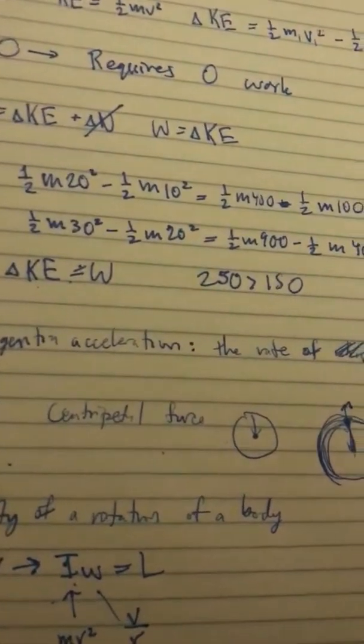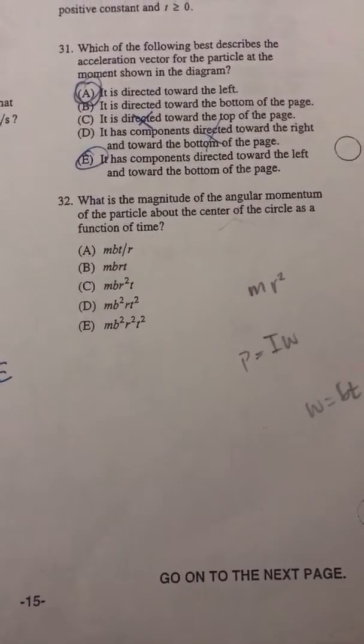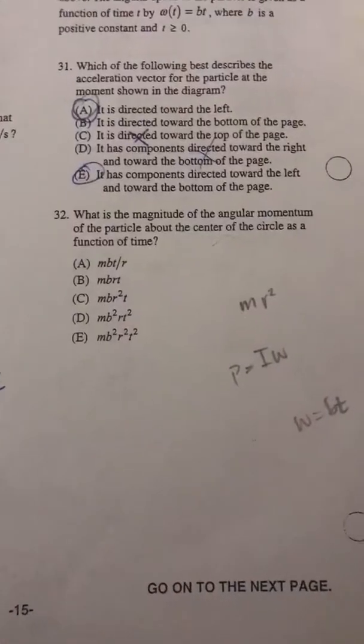We're going to use this in our problem. It's asking, what is the magnitude of the angular momentum of the particle about the center of the circle as a function of time?